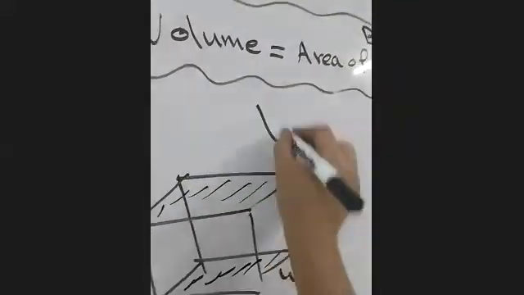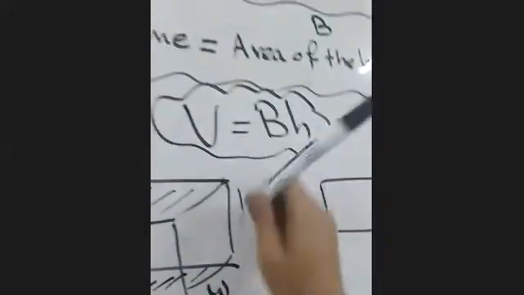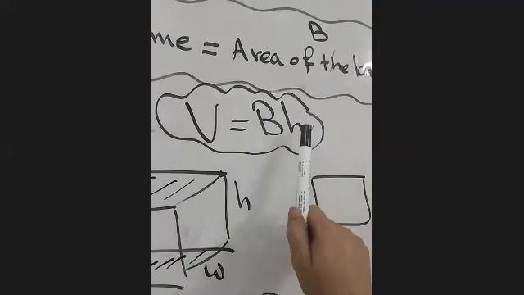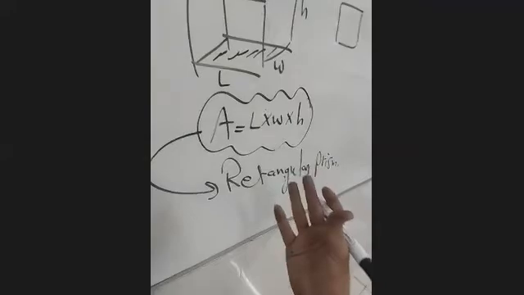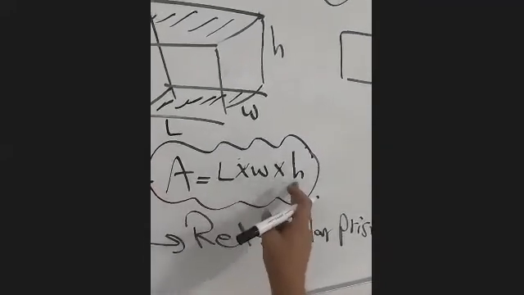So in general, V equals BH. What's the meaning of BH, guys? Area of the base multiply the height. In general, exclusively for the rectangular prism, the volume equals length multiply width multiply height. For example, look here, guys.